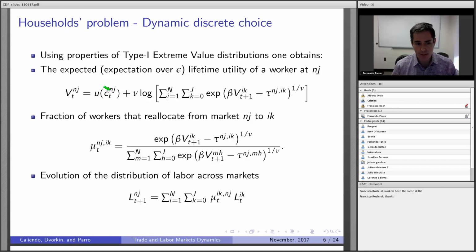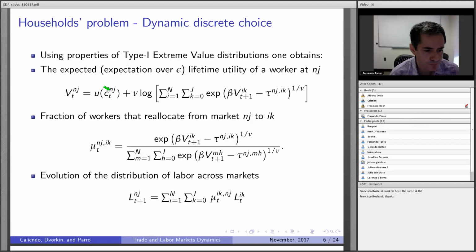So as is common in the labor market dynamics literature, workers are not necessarily going to move to arbitrage wage differentials. It could be convenient for them sometimes to wait even when there is a decline in real wages in a given labor market, because the option of waiting has a value for the workers. So the value of a worker has two components: current consumption and the option value of migration.